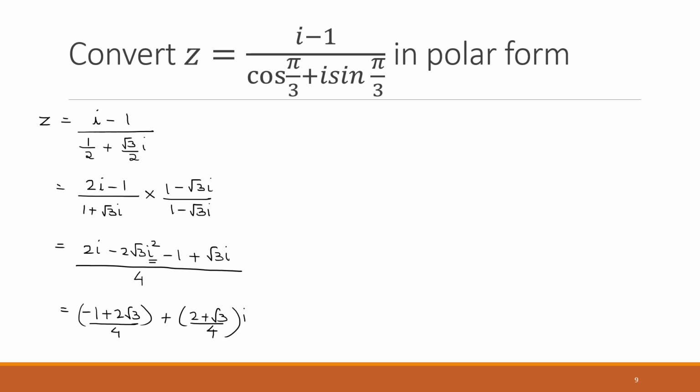Let me check. There should not be any mistake. i − 1. Cos 60 is half. Sin 60 is root 3 by 2. Correct.